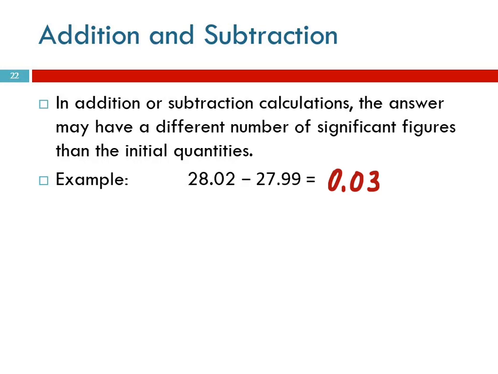Do we need to round it off? Well, how many decimal places in this one? 2. And in this one? 2. So we should have 2 decimal places in our answer. If we were to stack it up and do it that way, we'd come up with the same result. So this one is correct as it stands.